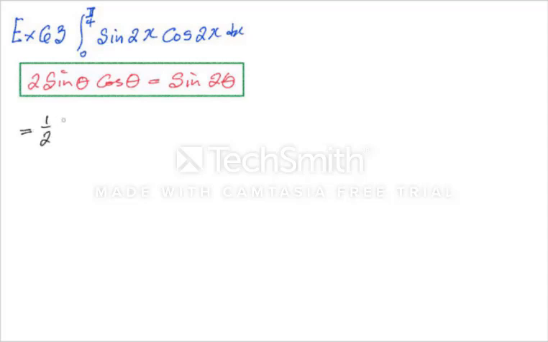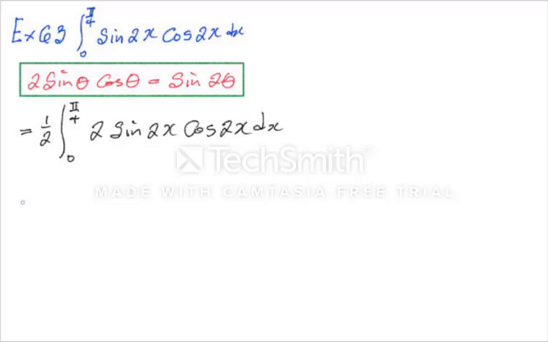I divide by 2 and I multiply by 2. The integral from 0 to pi by 4 of 2 sine 2x cosine 2x. What did I do? I multiply and divide by 2.